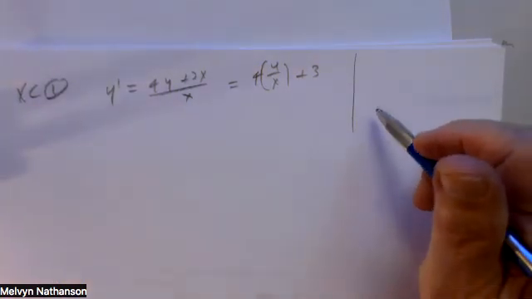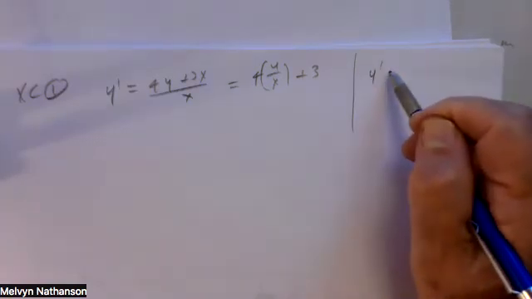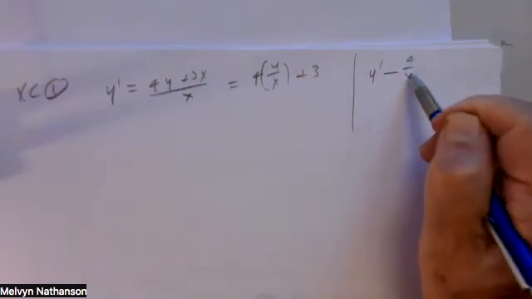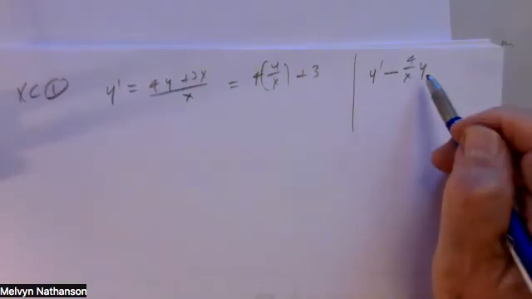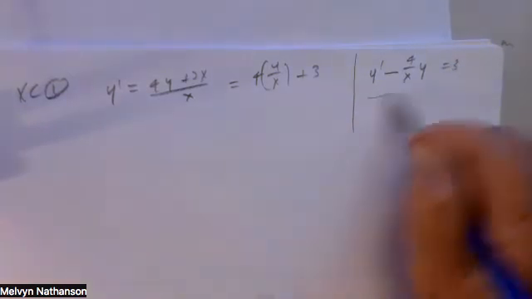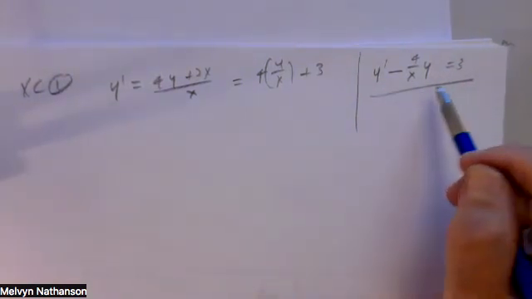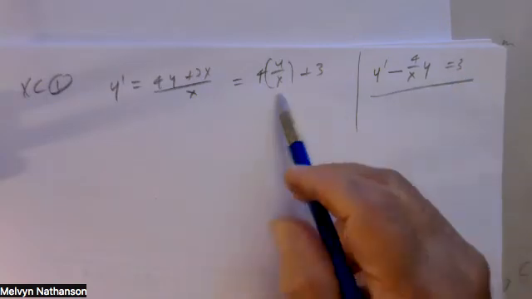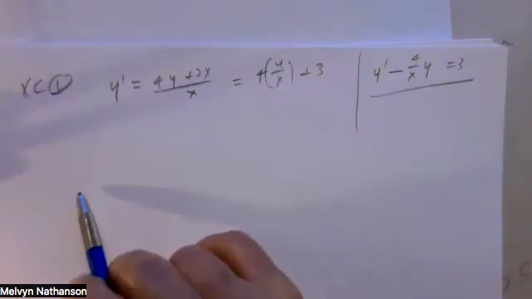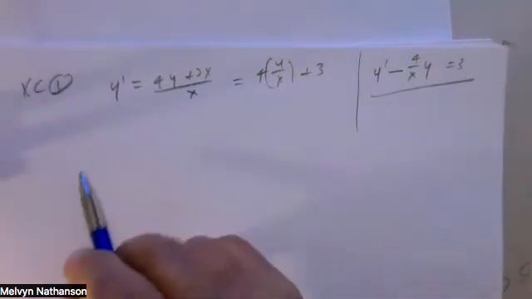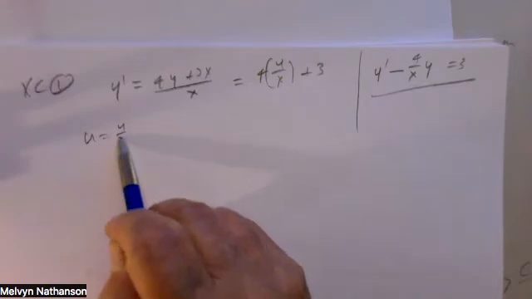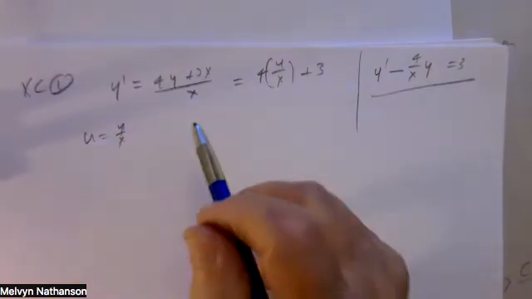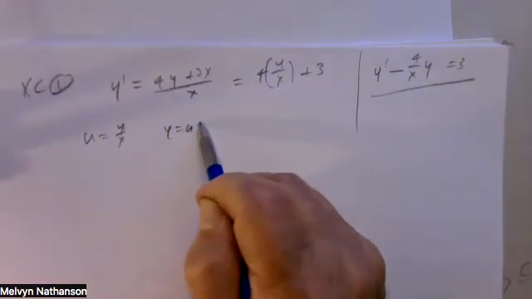I should just make the following observation. You could write this as y prime minus 4 over x times y equals 3. And this is the usual non-homogeneous linear equation. But I want to try and solve it like this, even though it's easier to just do it the other way. But I let u equal y over x. And I want to find u. So y is ux.